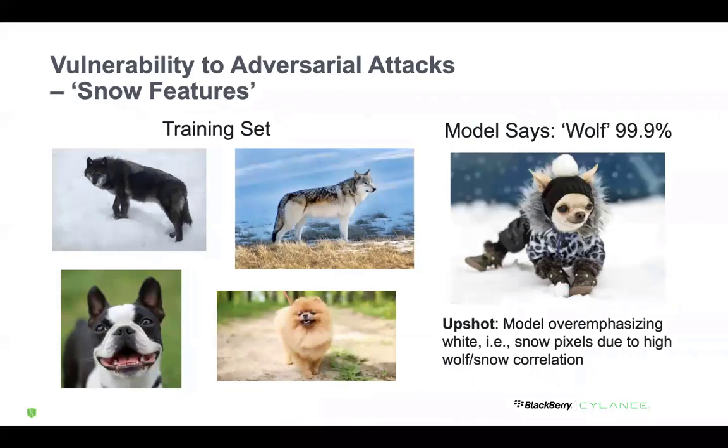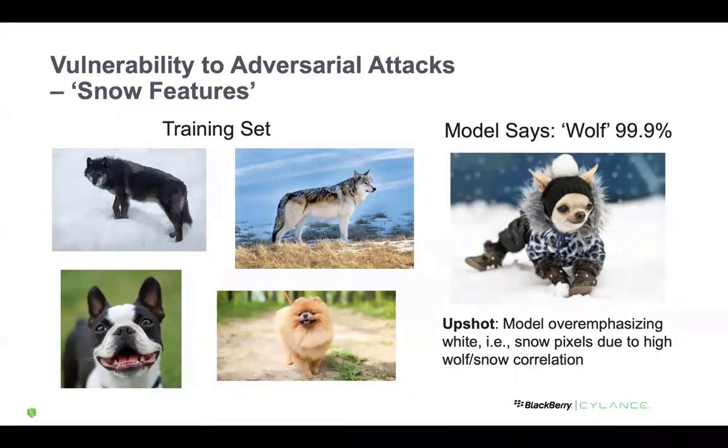Okay, so this is one of my favorite slides. So let's take a step back and try to understand why these kinds of adversarial attacks are possible. So this is an actual example that I read about a few years ago. Somebody tried to create a classifier which could classify an image as either a wolf or just a common dog that you would have as a pet.